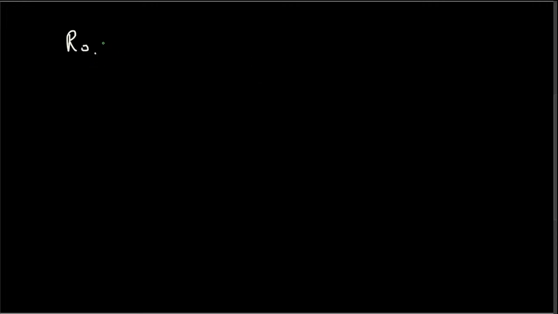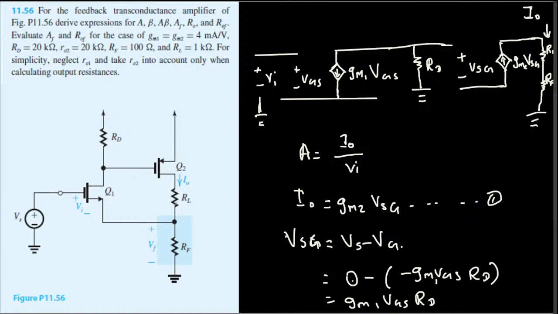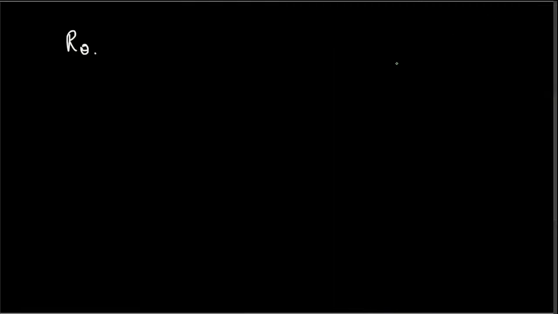Okay, so when we are considering the RO output resistance, what we have to do is open circuit the load resistance. So if we open circuit the load resistance and draw the small signal equivalent diagram, it's going to look like this. Here we are going to have the current source, gm2 vd1.